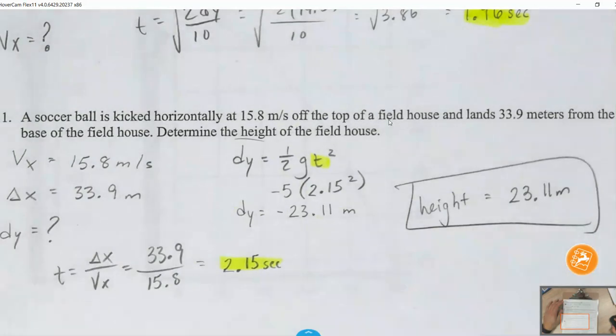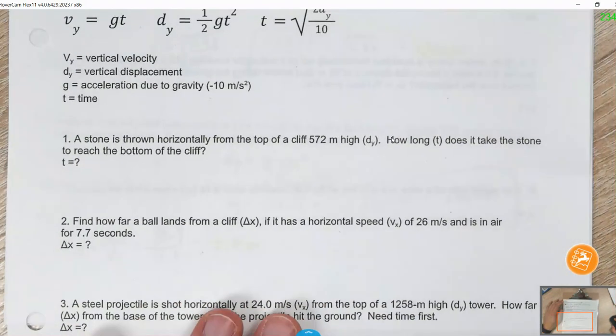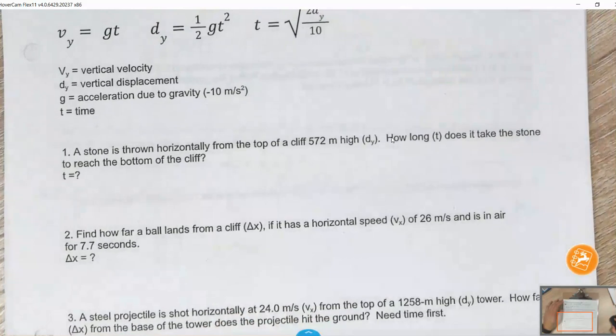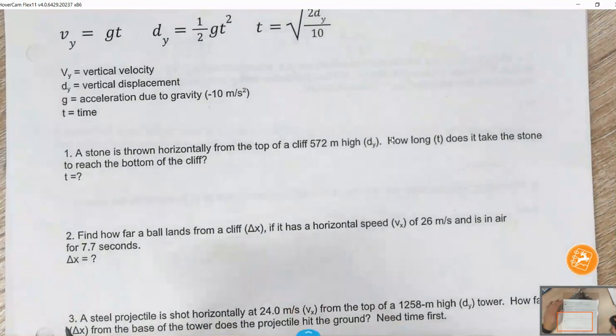So now you have this next piece, which should be a little bit easier because I already have labeled on there what your variables are and what you're looking for. A stone is thrown horizontally from the top of a cliff.